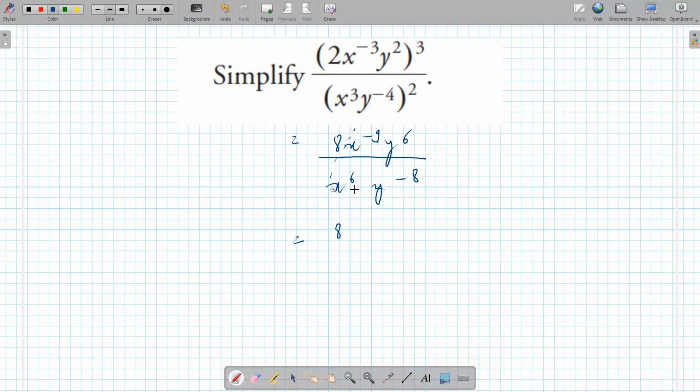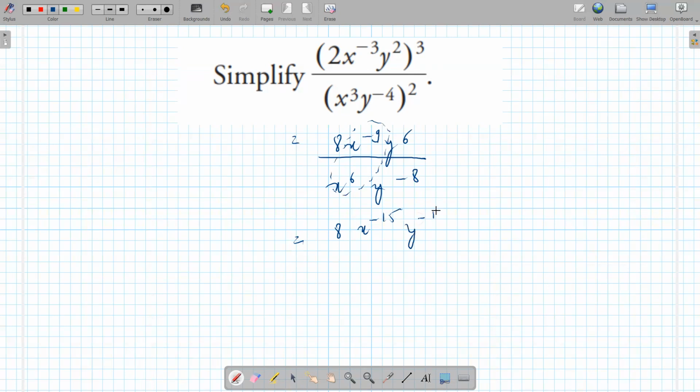What's x to the negative 9 over x to the 6? What does that simplify to? Negative 15. Right, so x to the negative 15. What about the y's? 14.